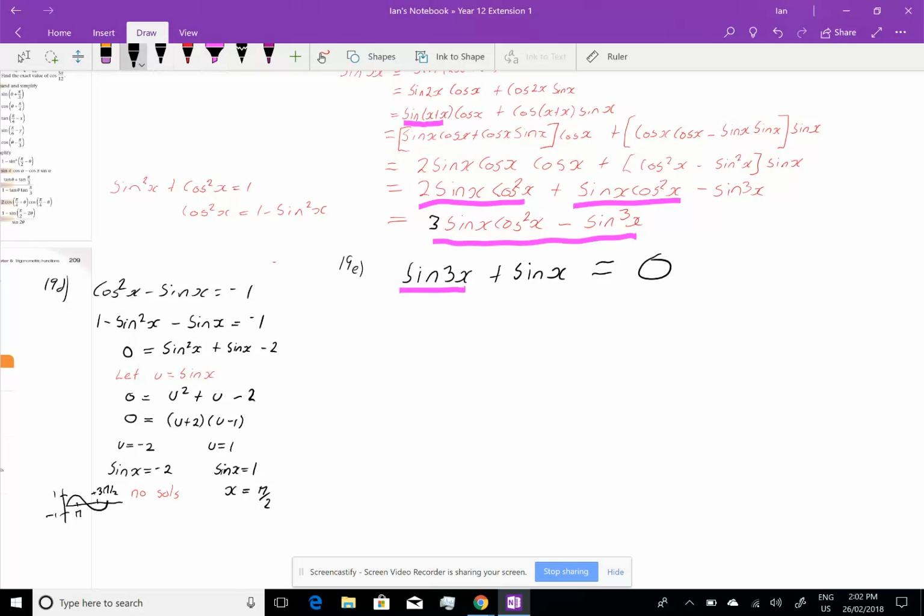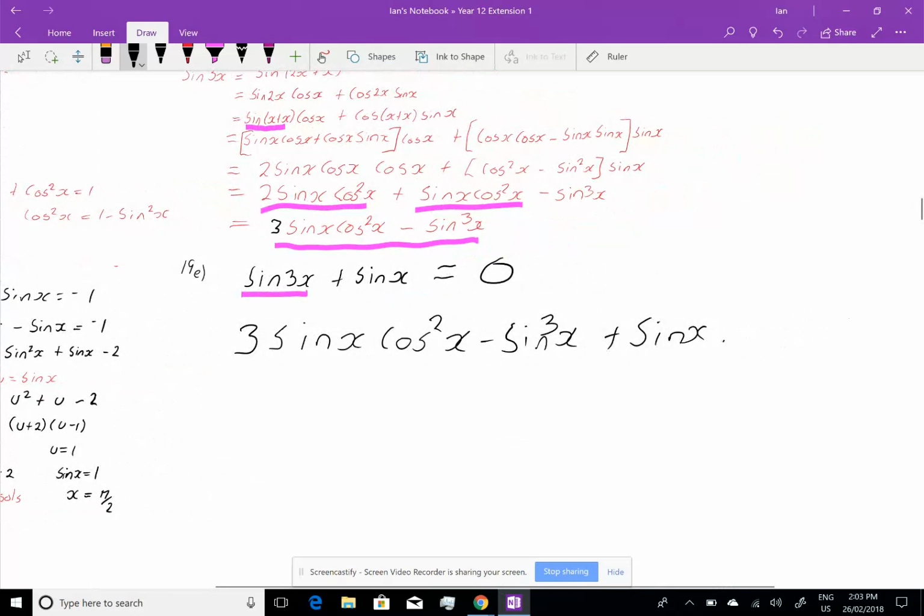So that gives me 3 sine x cos squared x minus sine cubed x plus sine x equals 0. Now I'm almost there, but the problem is I've still got that cos squared x.